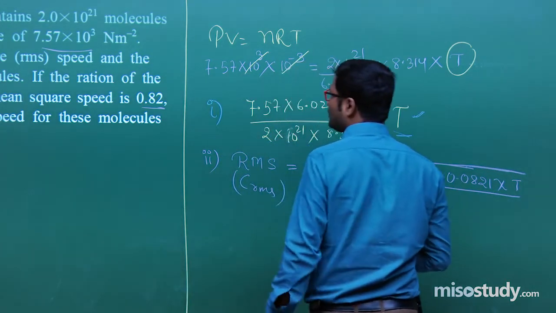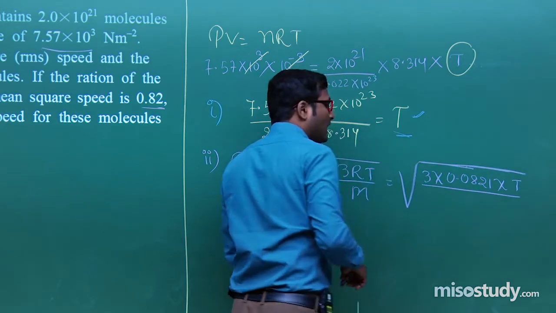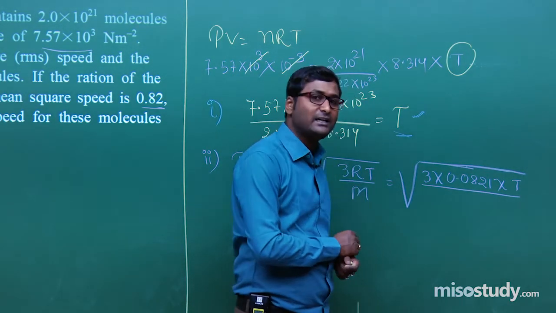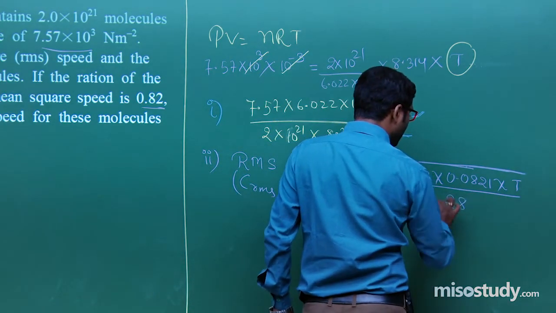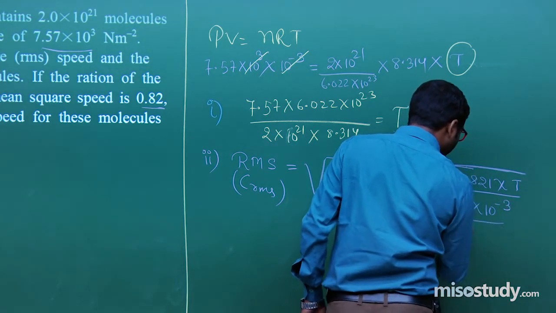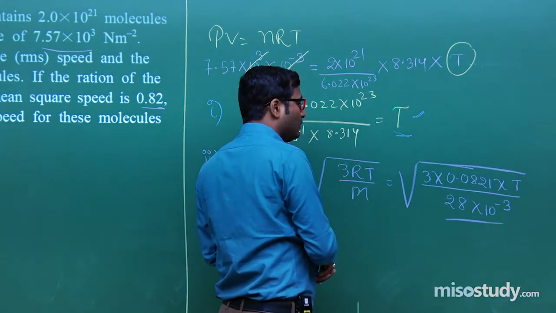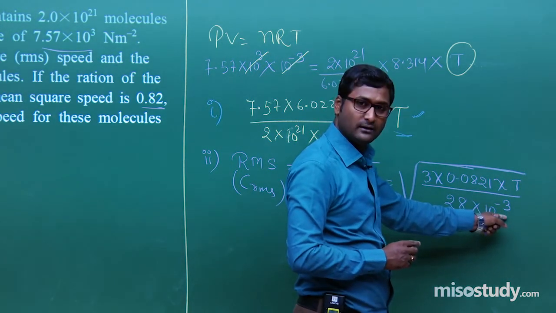If anyone asks you what is the molar mass of nitrogen, the molar mass of nitrogen is, tell me friend, 28. And if you want to convert into gram, that is 28 gram, convert it into kg, that is 28 into 10 to the power minus 3. Clear to you?